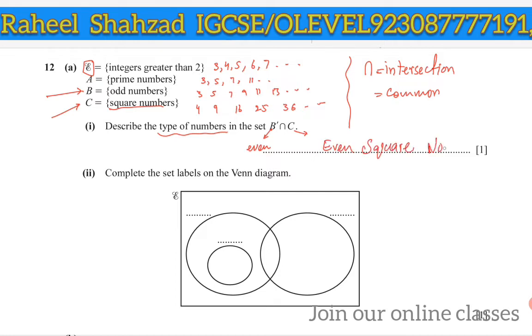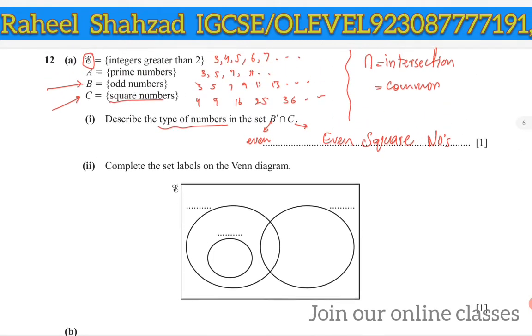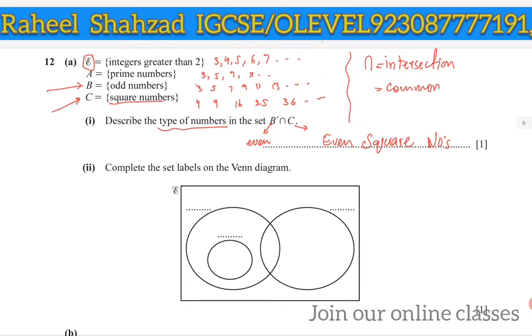Even square numbers. Complete the set labels on the Venn diagram. So in this case, what we have is universal set is integers greater than 2. Okay, so set A is prime numbers and set B is odd numbers. Now all prime numbers are certainly odd numbers.